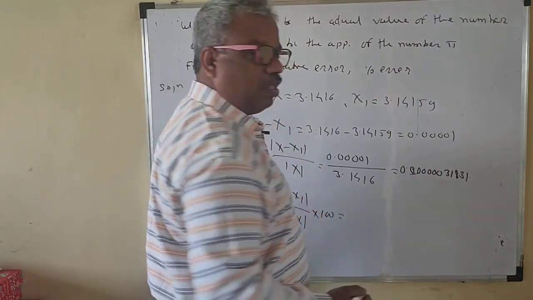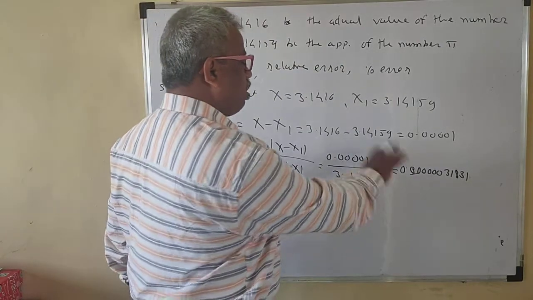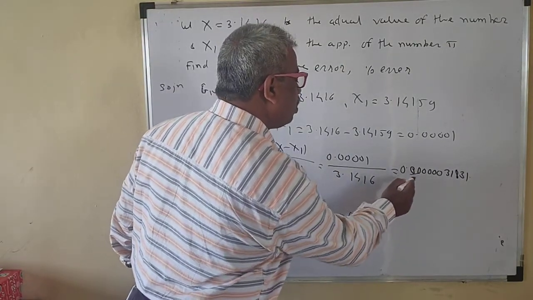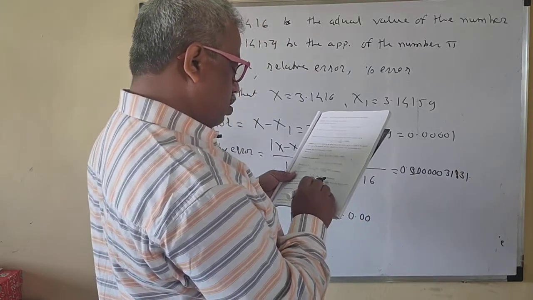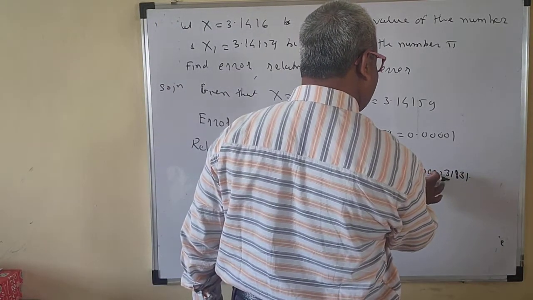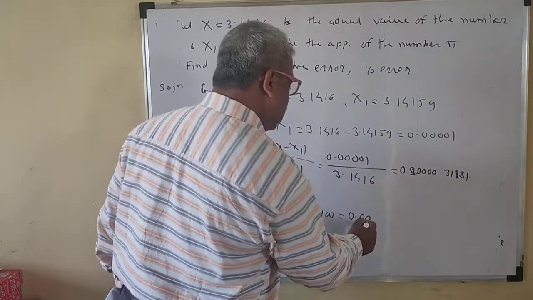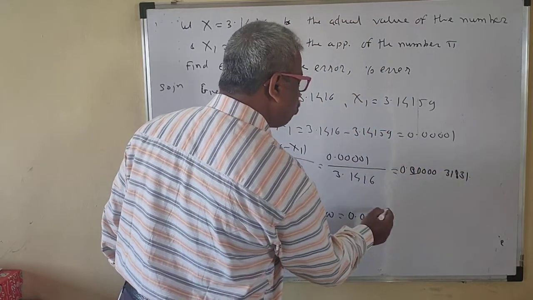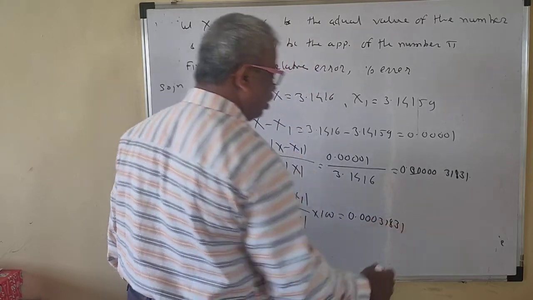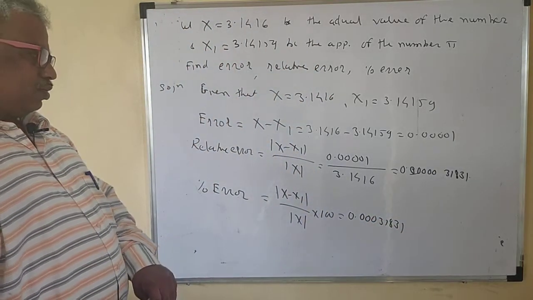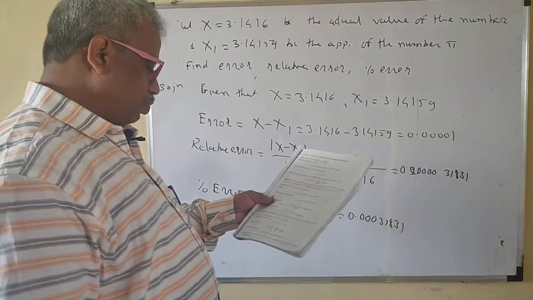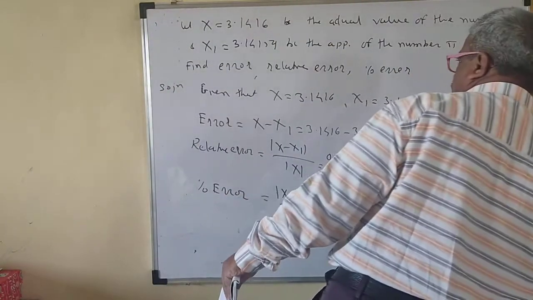There should be 5 zeros only. So 2 zeros are dropped. Then this is 31831. This will be your answer. Okay. So do it with the help of the calculator. A scientific calculator is allowed for you. So use that one.